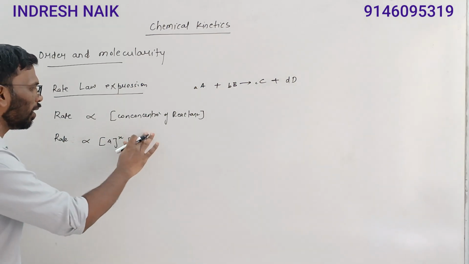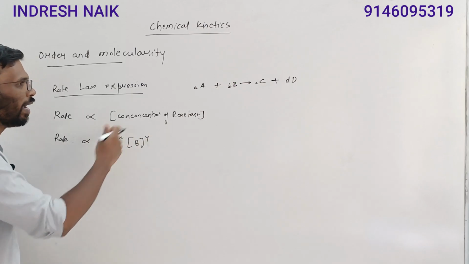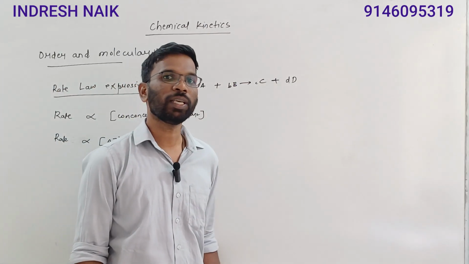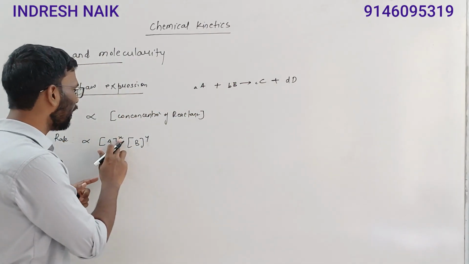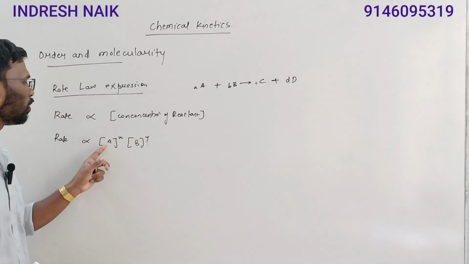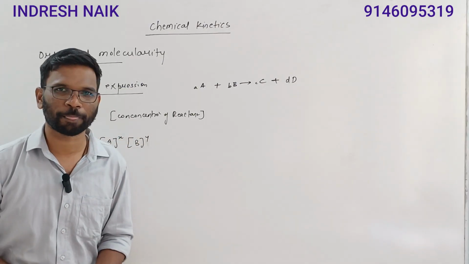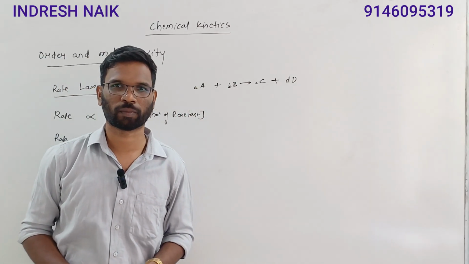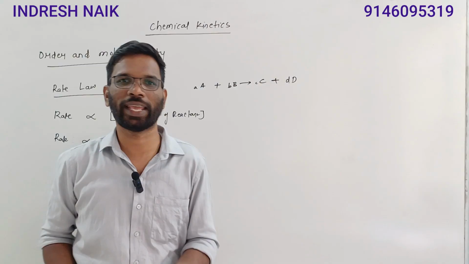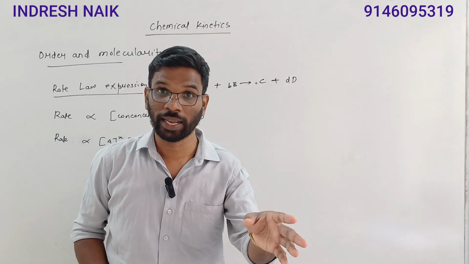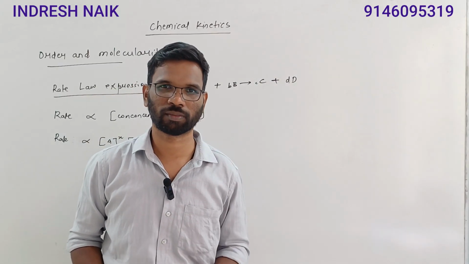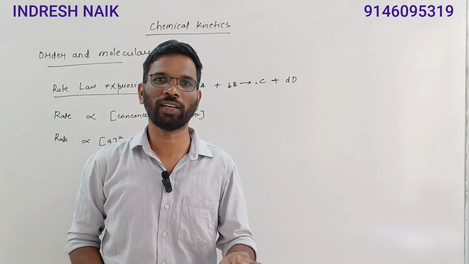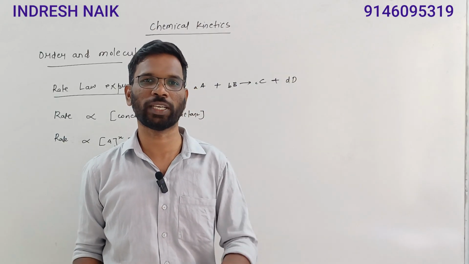Why x and y, and not a and b? I would have written A raised to small a and B raised to small b, provided this reaction is a one-step reaction. But we don't know whether the given reaction is one-step or takes place in many steps.